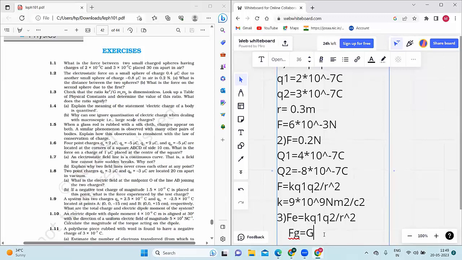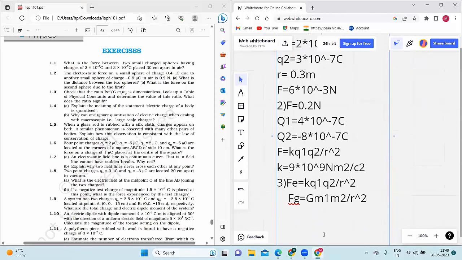Gravitational force will be G m1 m2 by R square. So let us take one proton and an electron. Let Q1 and Q2 be the charges of the proton and electron, where Me is the mass of the electron and Mp is the mass of the proton.